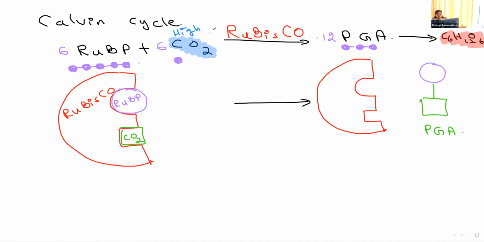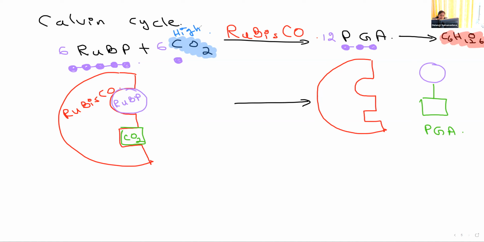It can bind with the carbon dioxide if there's lots of carbon dioxide available. If there isn't enough carbon dioxide, Rubisco will bind with oxygen.